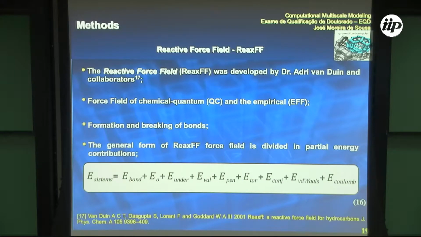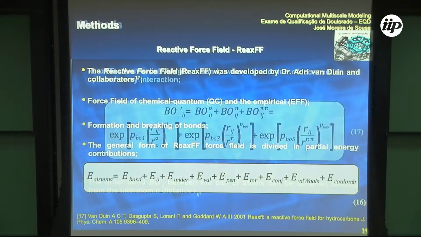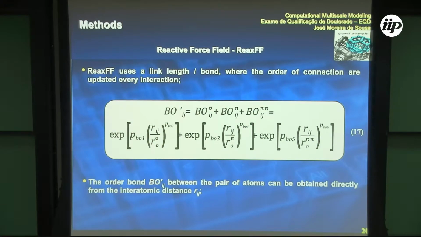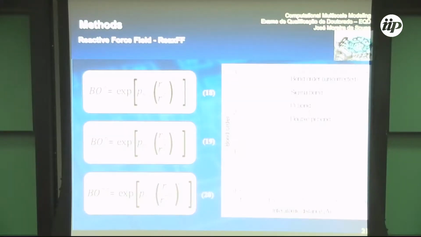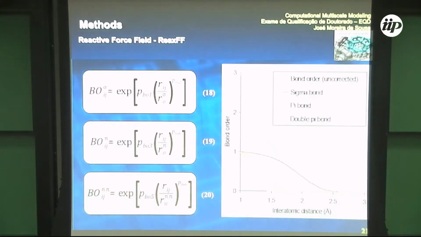And the idea is a little complex. You have many parameters to optimize, about 100, depending on the system. The concept behind this is a very old chemical concept, bond order. If you remember your chemistry classes, if you have a single bond, you have bond order 1, double bond 2, triple bond 3, and so on.